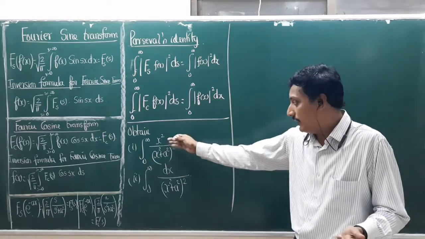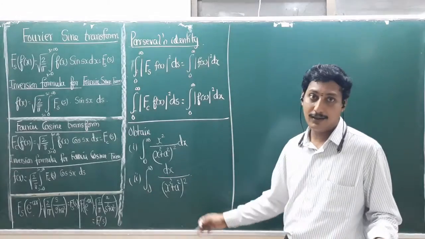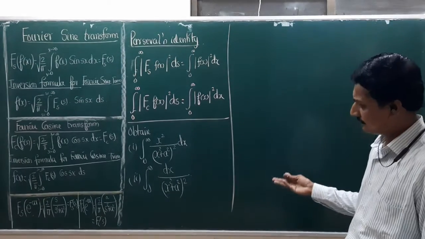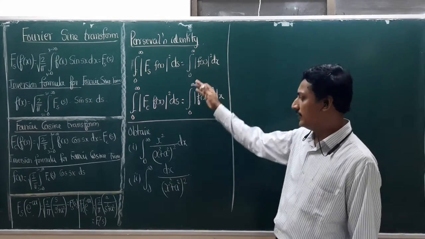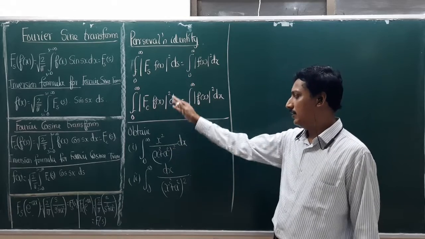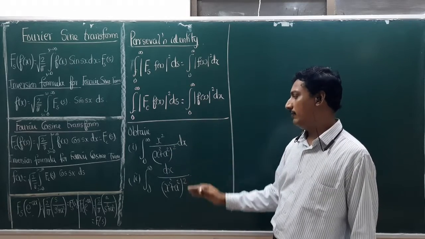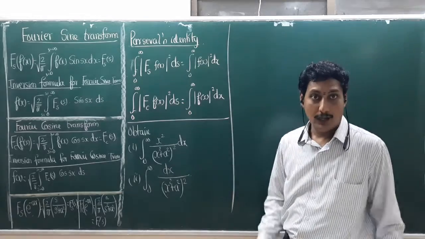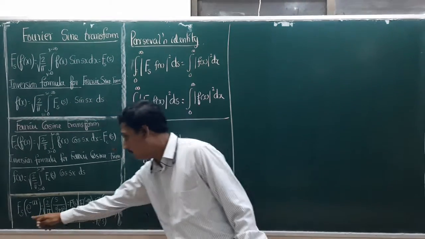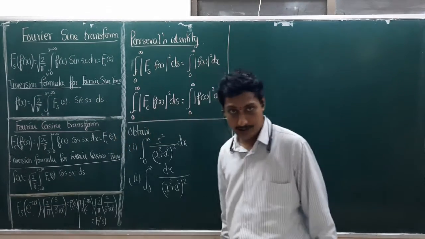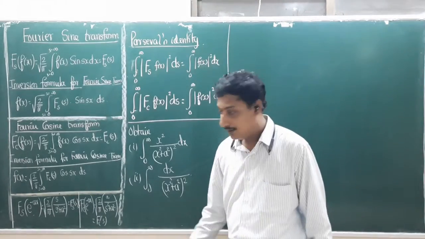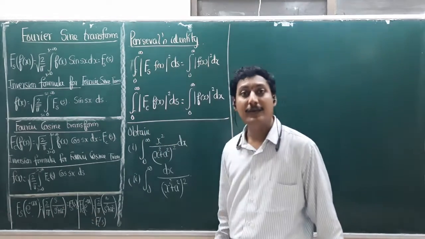Here the variable is present in the numerator in the first integral, but not in the second. So the better idea is to think about the Parseval's identity, because of the squares. When we use the sine transform of e to the power minus ax, the numerator is s, the variable.